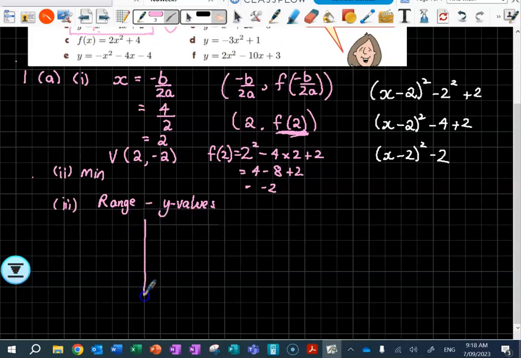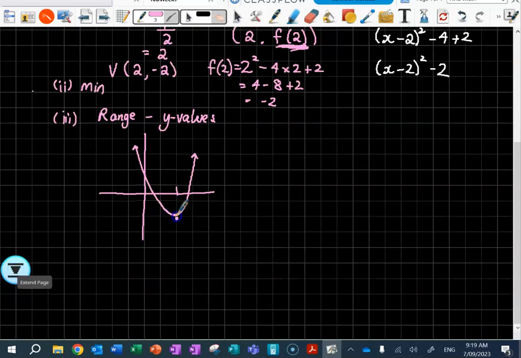If I was to sketch this graph, here's 2, here's minus 2. We know that it is convex, agreed? Now it's not asking you to sketch it at the moment, so don't get too excited. So this is (2, minus 2).